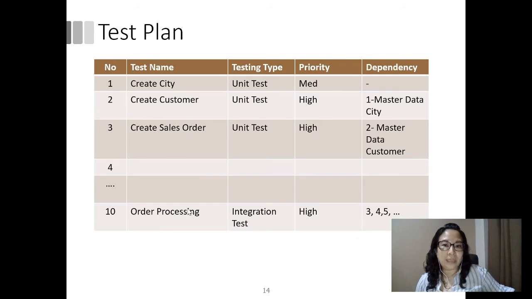So basically, inside the order processing there are many activities that we already defined in the previous list. So again, your task is to create the test plan, something like this.